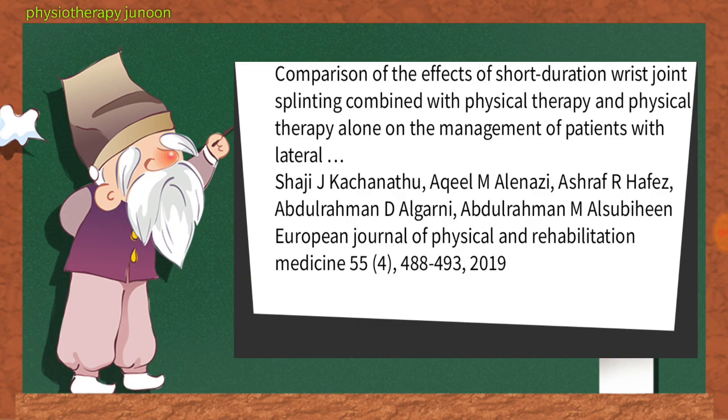Comparison of the effect of short duration wrist joint splinting combined with physical therapy and physical therapy alone on the management of patients with lateral epicondylitis. This study was done in 2019. It is a very recent study.